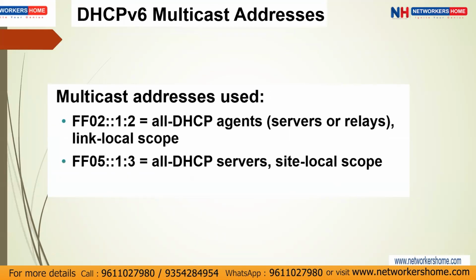DHCP also works with the help of multicast addresses. The multicast addresses used are FF02::1:2, all DHCP agents, servers or relays, link local scope, and FF05::1:3, all DHCP servers, site local scope.